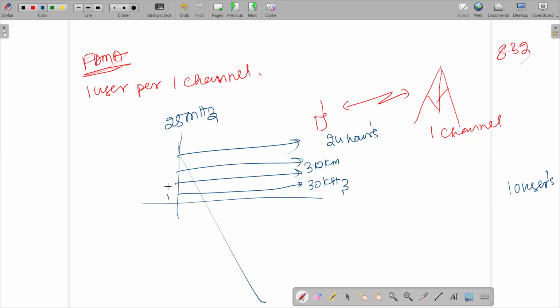So we will get 832 channels, right? And each channel will be assigned to one user: user 1, user 2, user 3, user 4. So here, one channel, one user. Definitely, I can say it was a great technology, but capacity is not high. Clear?